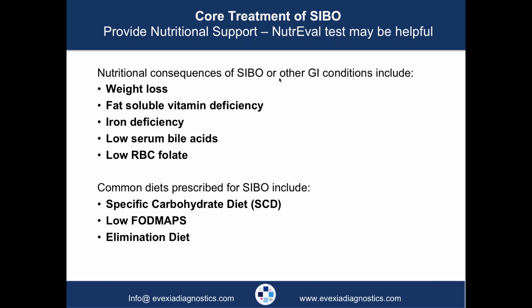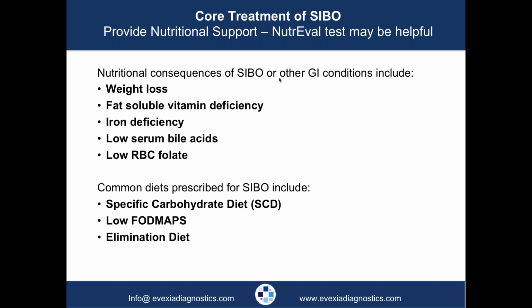Could be iron deficiency, low serum bile acids, low RBC folate, and a whole bunch of other malabsorption, maybe not absorbing protein, all kinds of things if they've had long-standing SIBO. So it's a good idea to think about doing what's known as the NutriVal test, which I'll be talking about later on this month, by the way. So you need to assess your patient and replete the deficiencies as much as you can to get their body up and running, get the machinery up and running, the functional biochemistry.